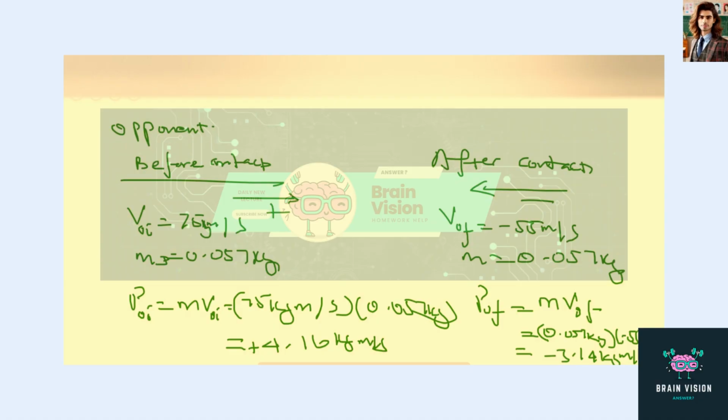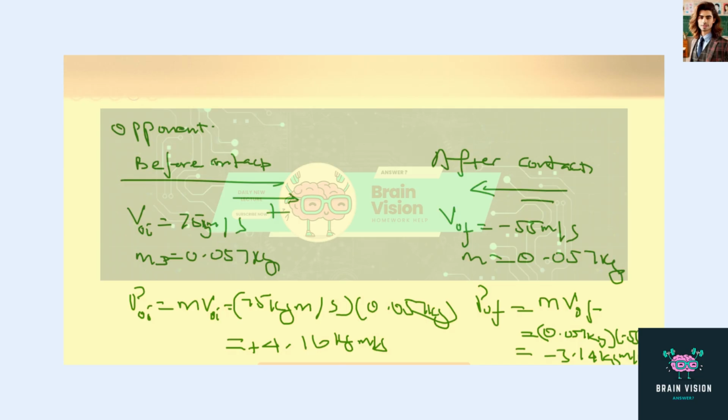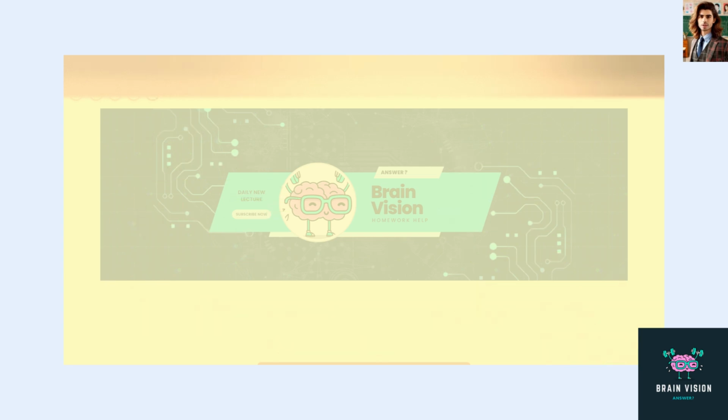Going to the next page, we want to find the momentum. The initial momentum for the opponent is positive 4.16, and the final momentum is negative 3.14 kilogram meters per second.